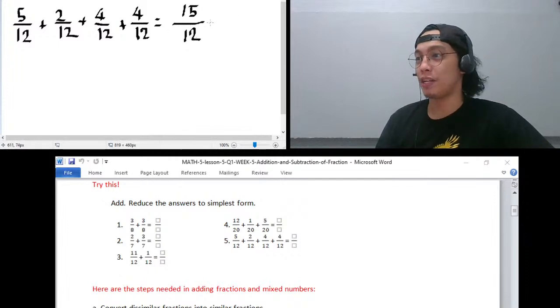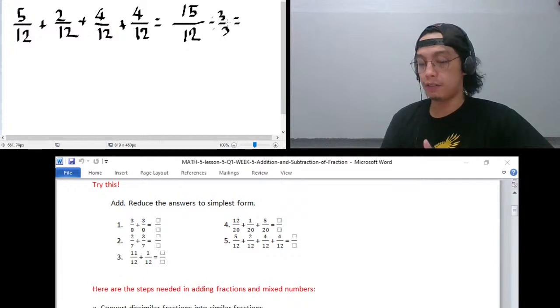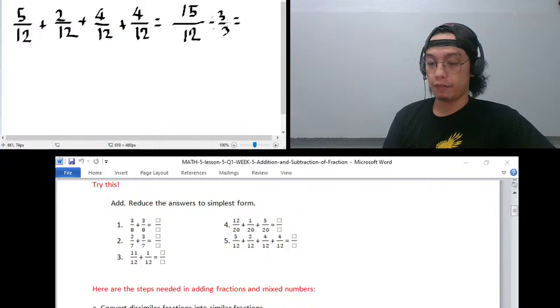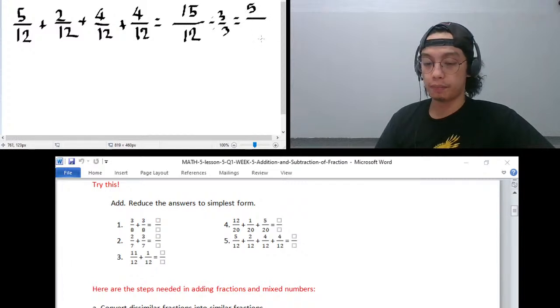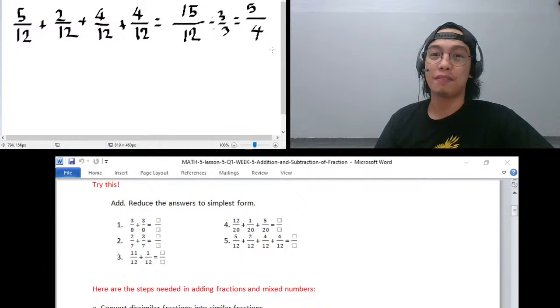So pwede siya ma-divide into 3. So 15 divided by 3 is 5 over 12 divided by 3, 4.